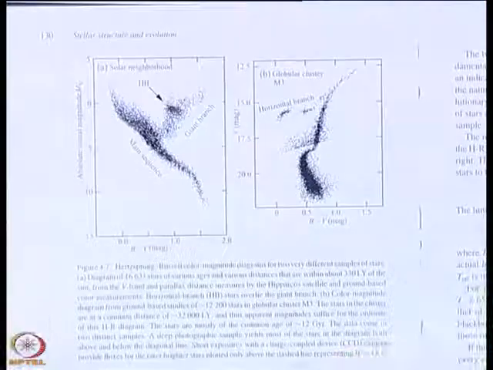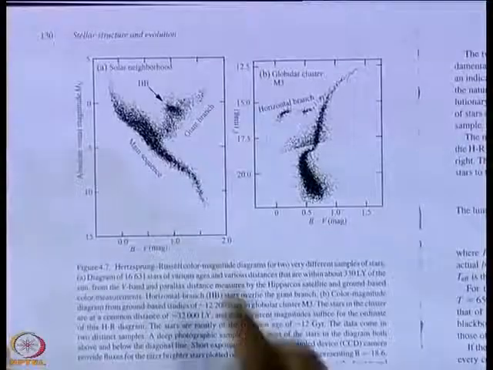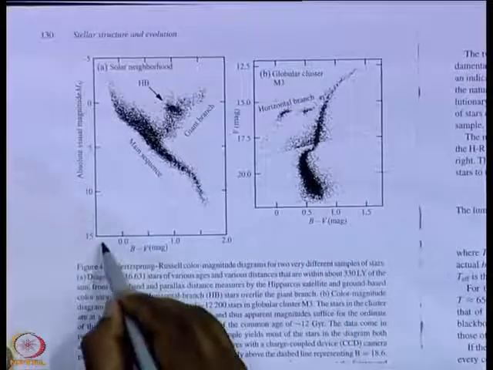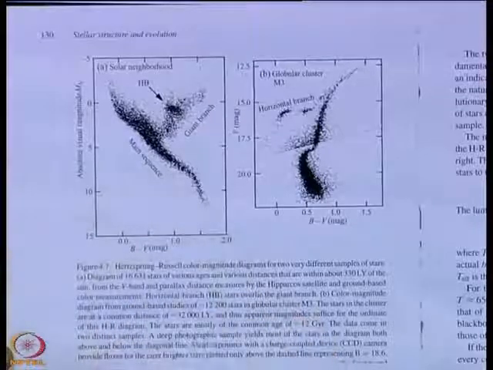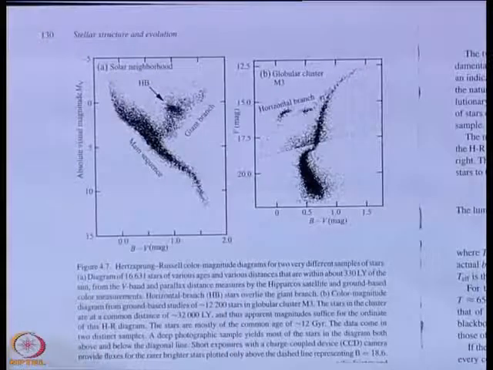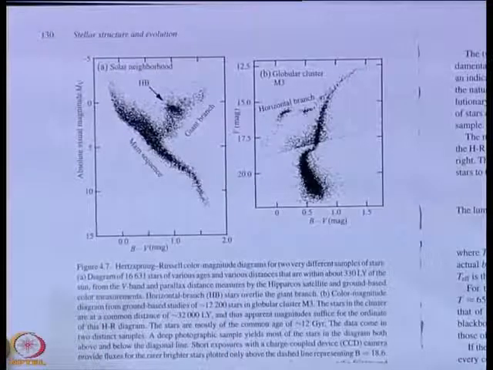So if I have stars and I plot them on the main sequence, along the x axis I have the temperature, along the y axis I have the luminosity. So just try to visualize.